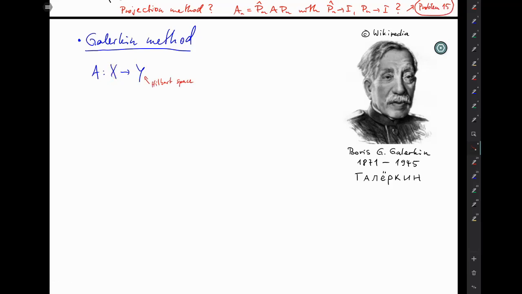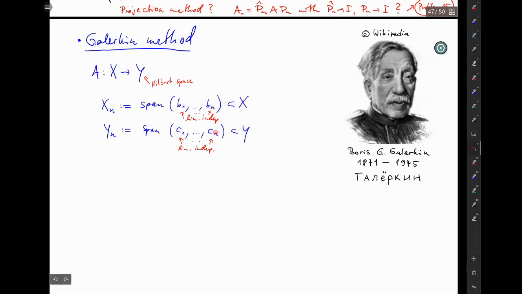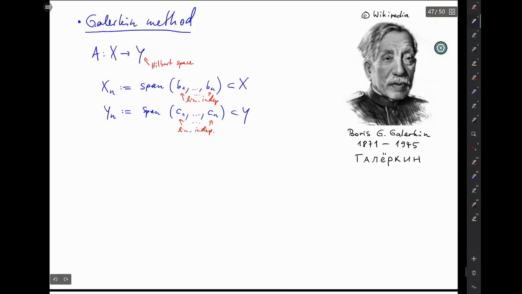And then you construct your finite dimensional subspaces xn and yn as the span of a linearly independent family of functions in x or respectively in y. And you better take the same number of functions here and here, because that makes the dimensions of your spaces xn and yn the same, and that's going to be important in what follows. So here is our setup.